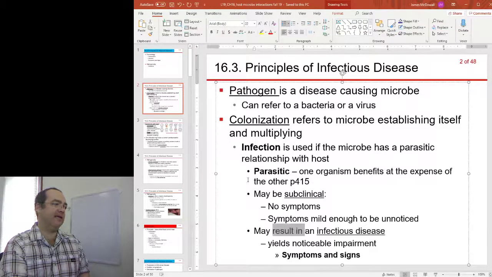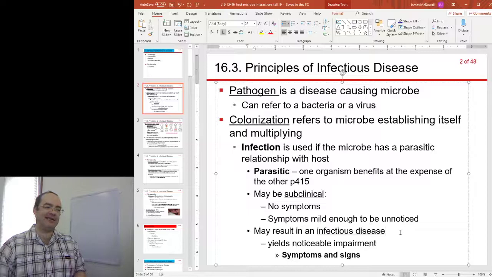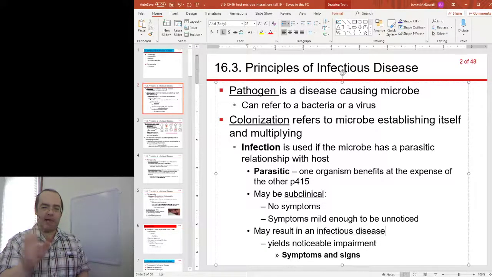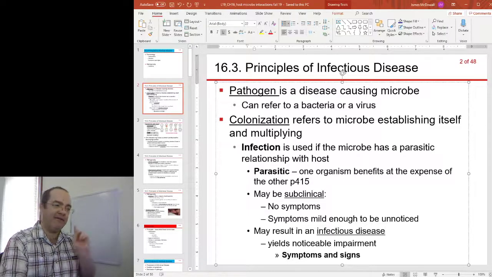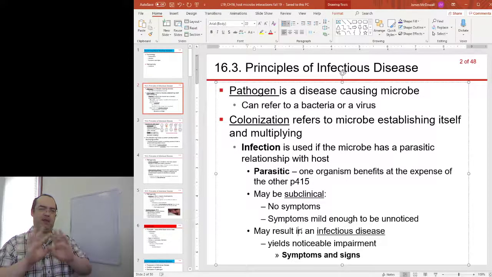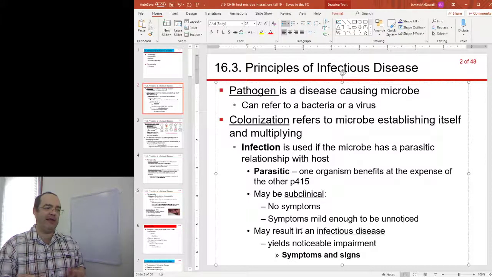Diseases that can be passed from person to person are known as infectious diseases. Oh, sorry. So actually we'll cover that in a second. If you do get the disease and you do experience signs and symptoms, which we'll look at in a second, then it's called an infectious disease.